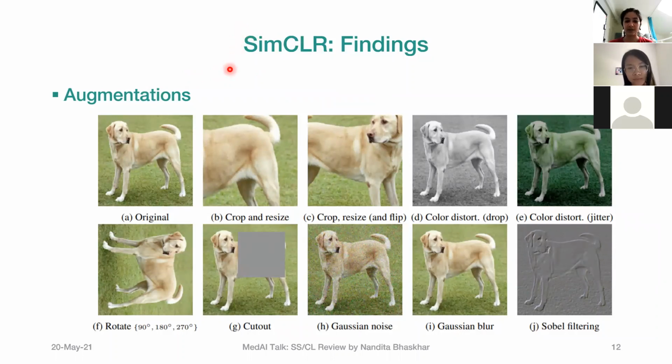Because I'm comparing multiple papers together, I'm actually not going to compare the results, because all 6 papers benchmark on the same datasets with ImageNet and try to classify the top 1 accuracy and the top 5 accuracy, as well as a bunch of downstream tasks.